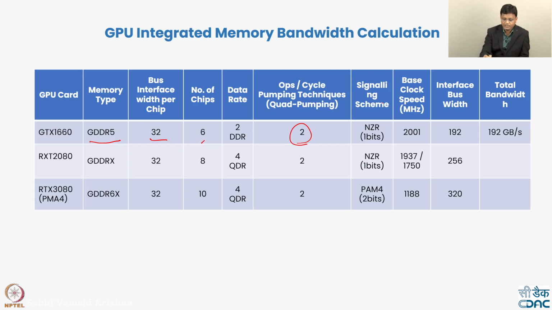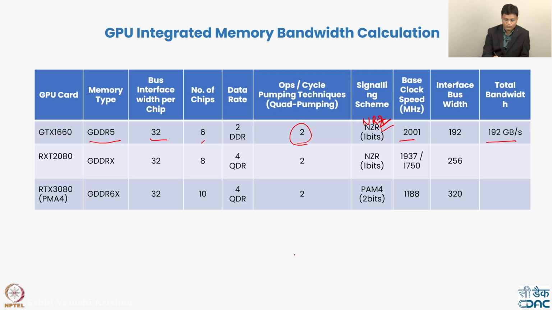When you multiply, the signaling scheme it is using is NRZ, non return to zero. The base clock frequency is given as 2001, approximately 2 megahertz. When you apply the formula, you will get 192 gigabytes per second.